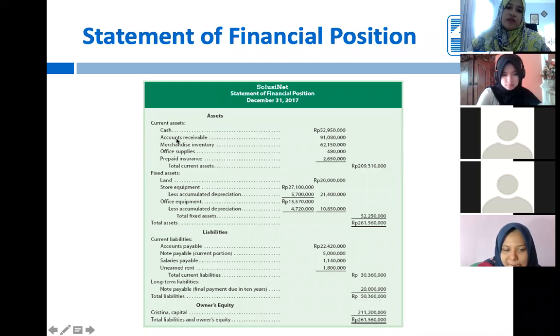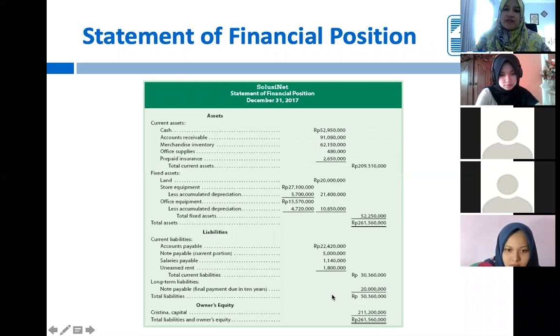So the vertical form lists that sequence in a vertical format. We start with assets, and then liabilities, and then equity. So total assets must be equal to total liabilities plus equity.